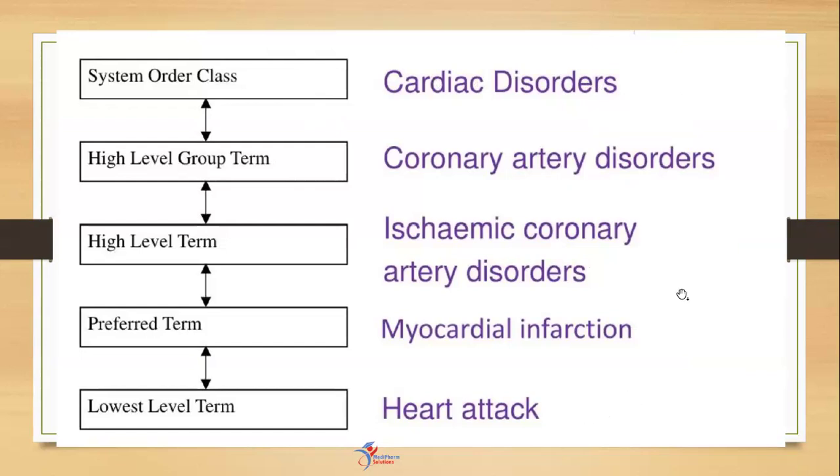So this is the internal thing that is embedded in Argus, so that once you do your data entry by typing the verbatim, it will take you to the lowest level term, and it will be grouped in such a way that it goes to the system organ class of cardiac disorders. Why this tool is embedded in such a way in Argus is, when we are doing analysis and retrieval of data at a later stage, we are not going to analyze each case on a case-by-case basis.